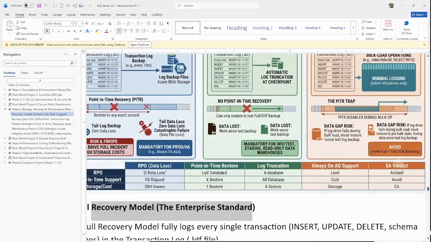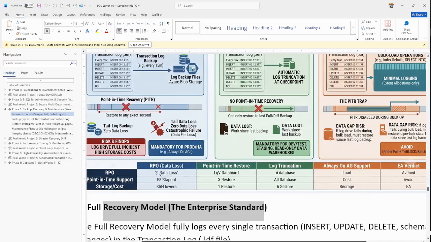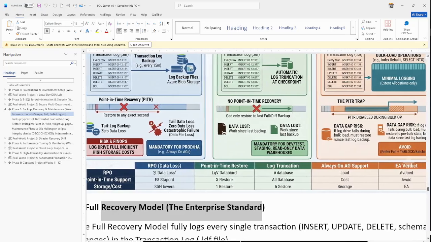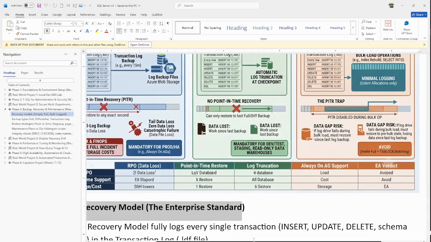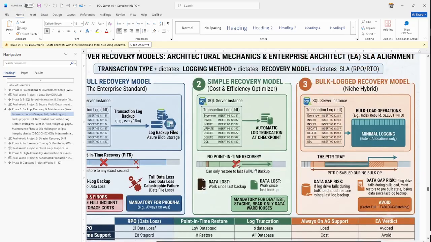If you look here, RPO, RTO, all that, we will come back to it again. Then we have the bulk-logged recovery model.